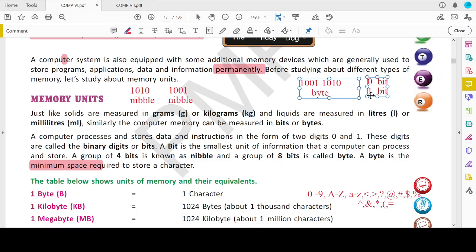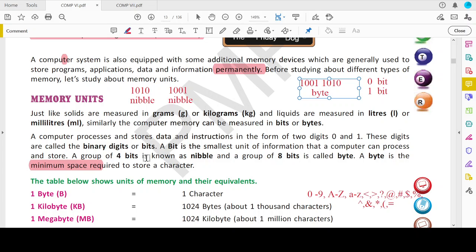If you write only 1, it's a bit. A computer processes and stores data and instructions in the form of two digits, 0 and 1. The digits are called binary digits or bits. A bit is the smallest unit of information that a computer can process and store.